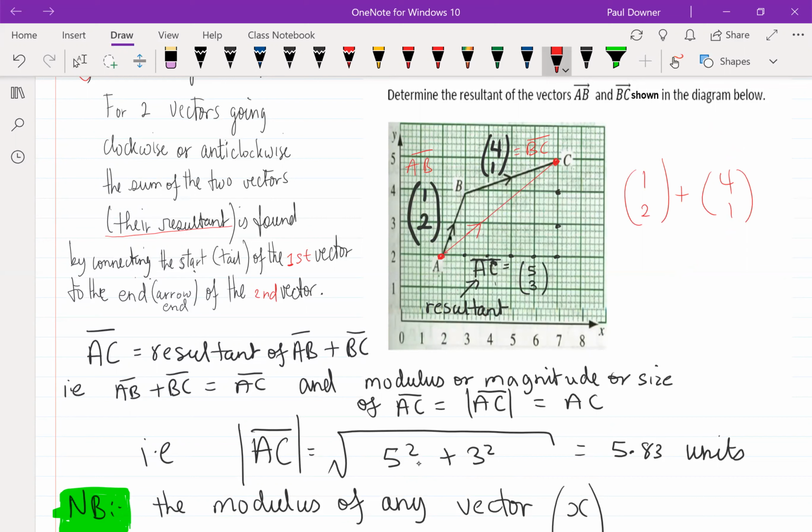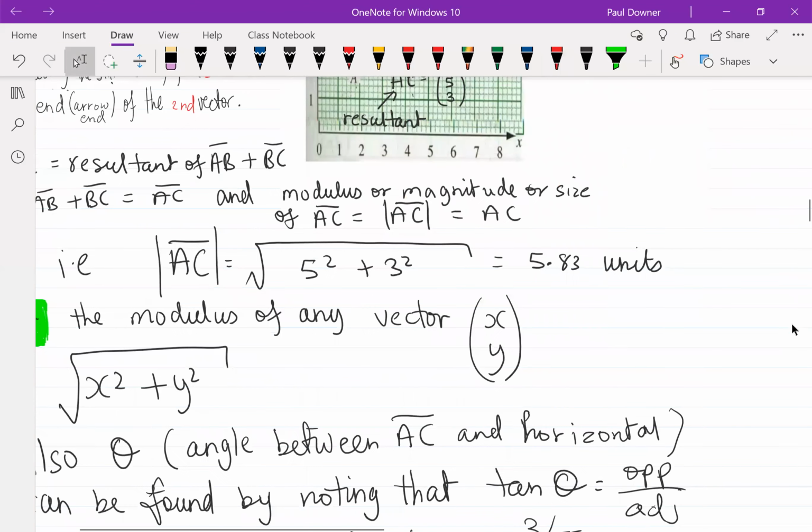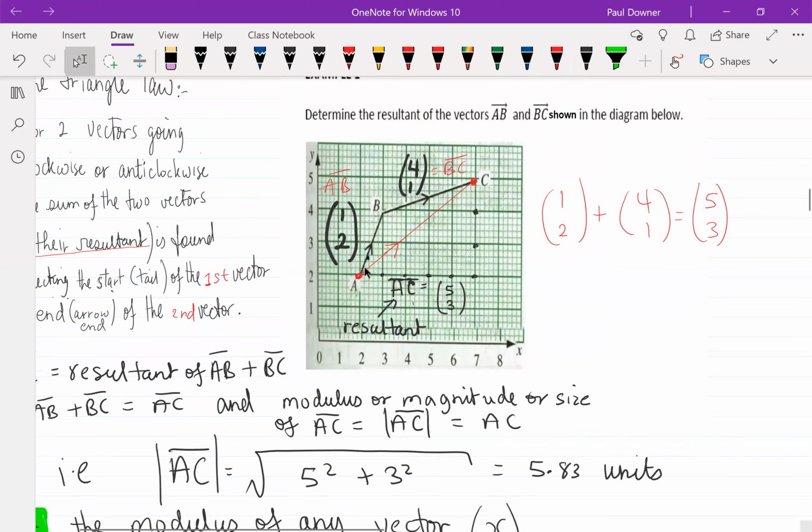Right? And what would I end up with? 1 and 4 on top would give me 5, and the 2 and 1 would give me 3. So I could add it directly like that if I had the components, and I would get the answer (5, 3). So I would know that the resultant, which is A to C, would be (5, 3).